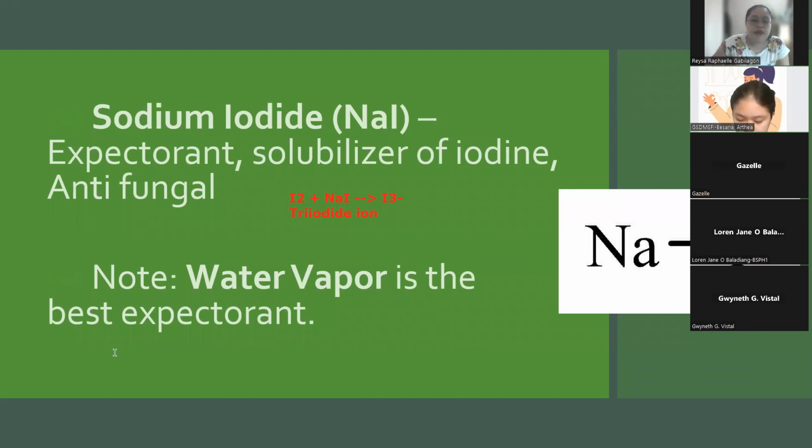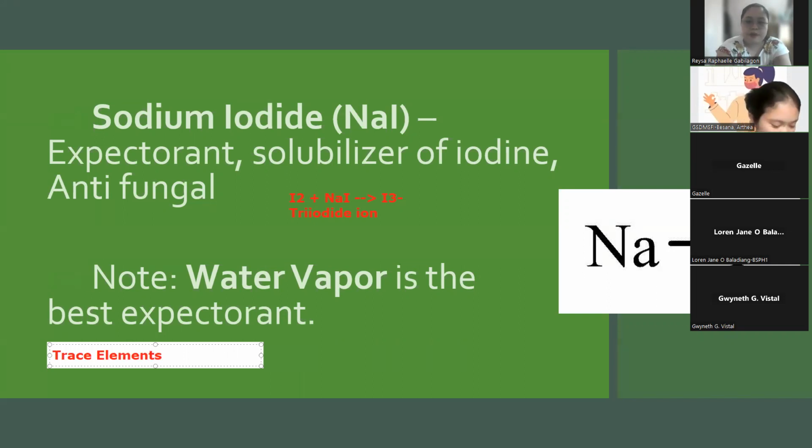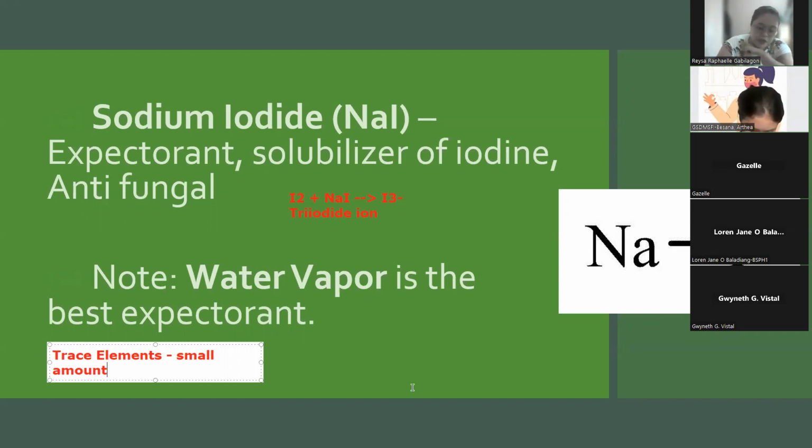When you say trace elements, these are the elements that are found in our body in small amount only. Small amount lang, but still they are necessary for our cells to function well. Hindi sila pwedeng masyadong marami, di din pwede na masyadong konti.